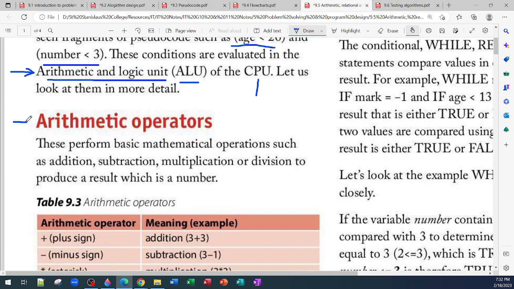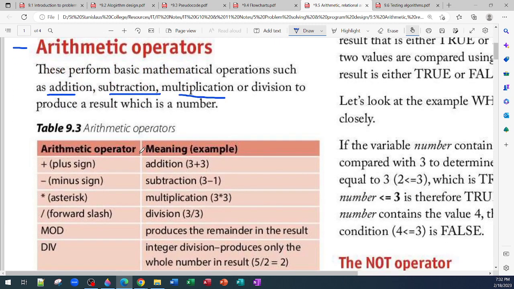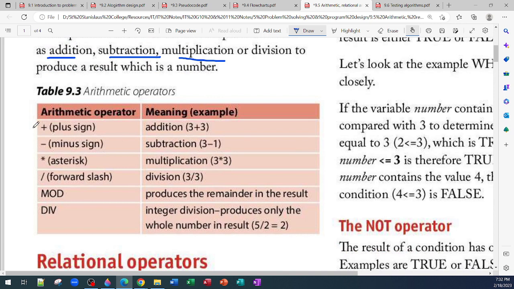Our first operator is the arithmetic operator, such as addition, subtraction, multiplication, and so on. You have to remember the signs: plus, minus, asterisk for multiplication, forward slash for division.